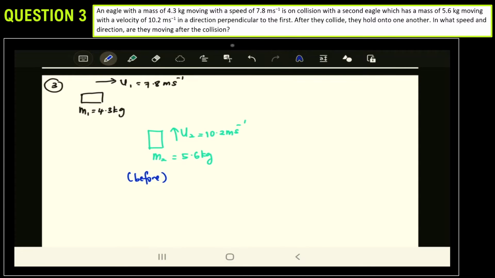Okay, what happened? After they collide, they hold on to one another. That means they stick together. So let's say this is the condition. I have M1 and this is M2, and they are stuck together.